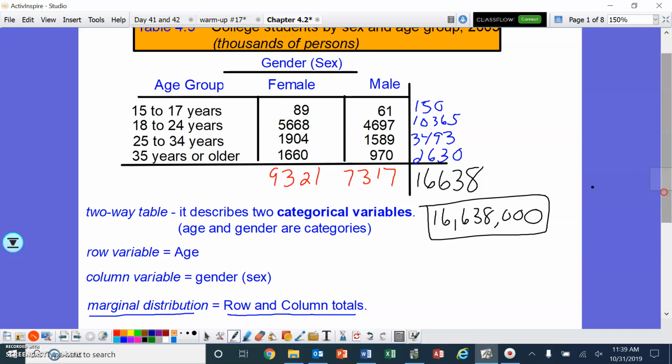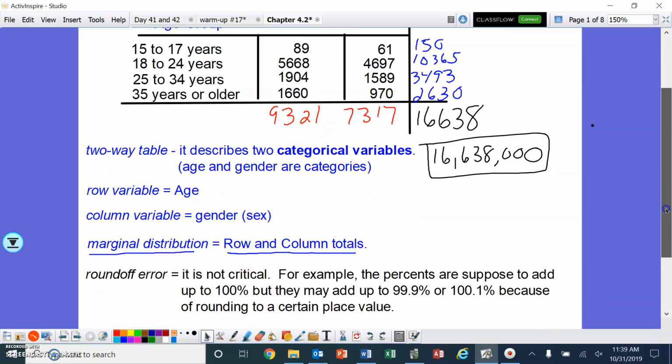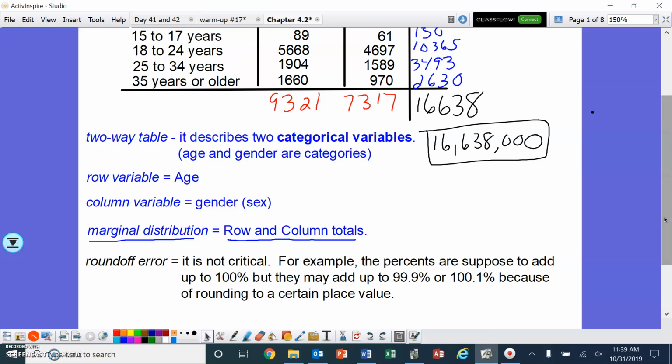Now, something we talked about in chapter 1. The next term, as soon as I can get this thing to work properly, is round-off error. Okay, we haven't done any percents in this yet. We're going to get there. But remember, round-off error, it is not critical.